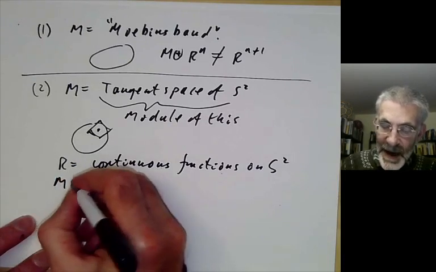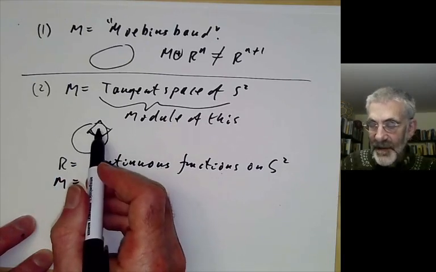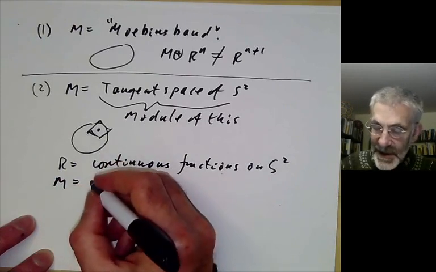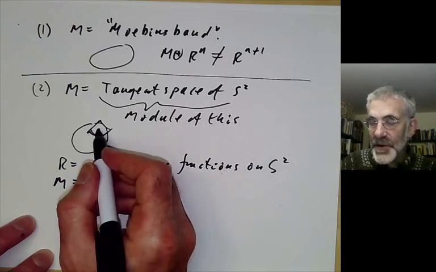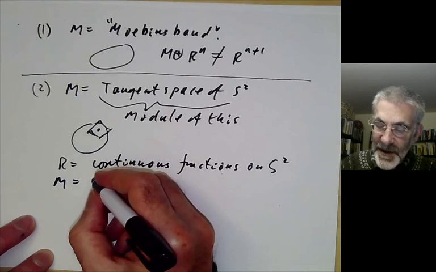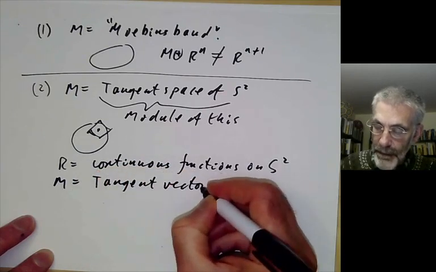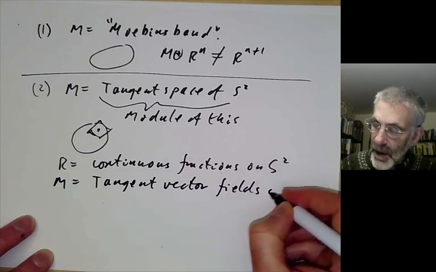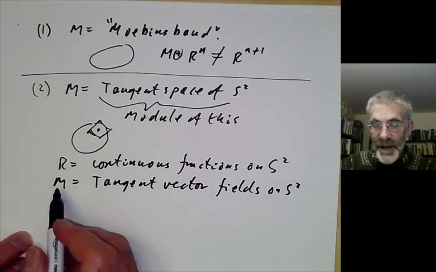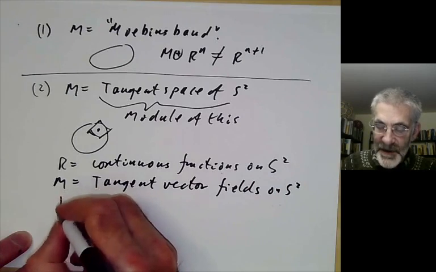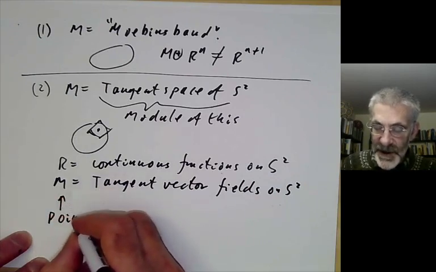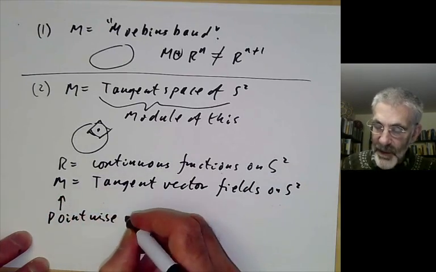And our module M is going to be sections of the tangent bundle. At each point you're choosing a little vector in the tangent space, so this is just going to be tangent vector fields on S². And this is a module over continuous functions because the module structure is, as before, just given by pointwise multiplication.